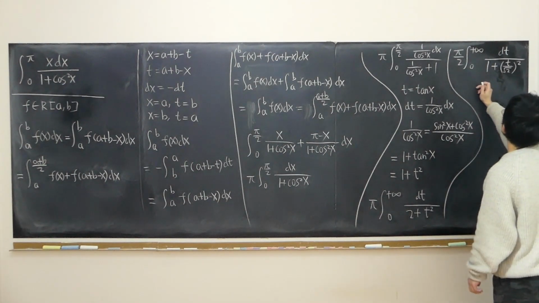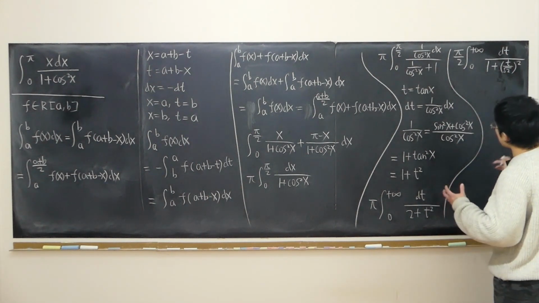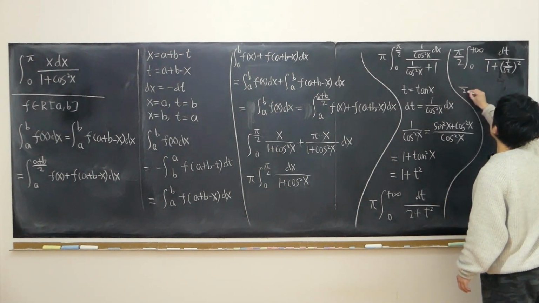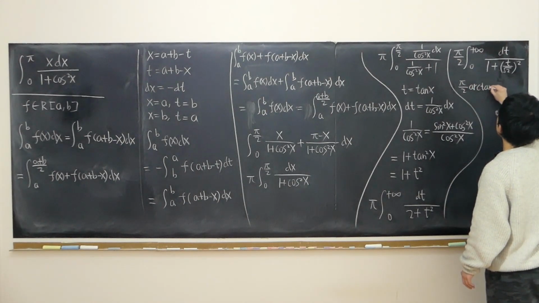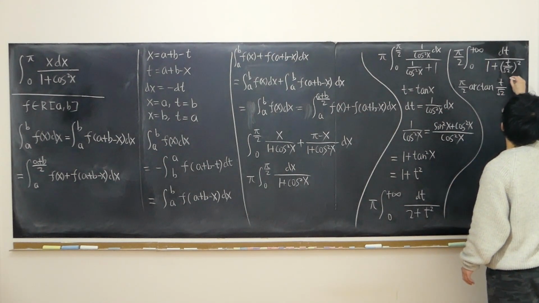Now, that is equal to, remember, we treat t over square root of 2 as a whole entity, therefore it's arctangent. Now, that is a half pi arctangent of t over square root of 2.